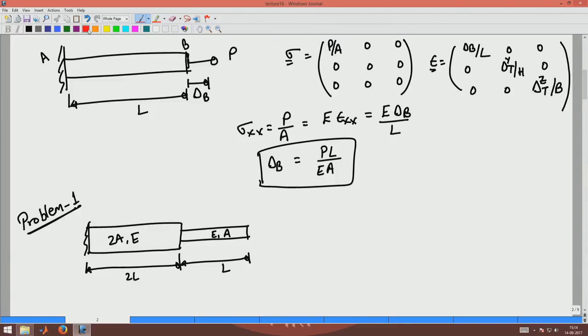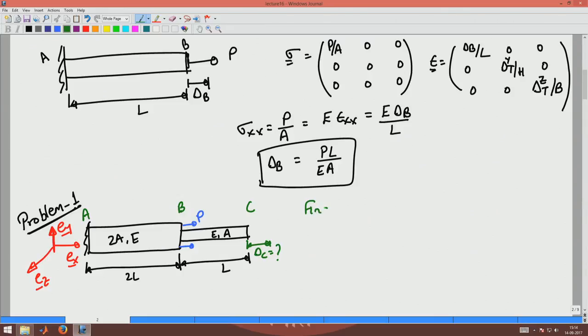Let me assume as usual this to be Ex, Ey and this to be Ez, and let us assume that I am applying a force P along this rim. Let us also assume that this is A, B and C, and I am interested in finding what this displacement delta C is.